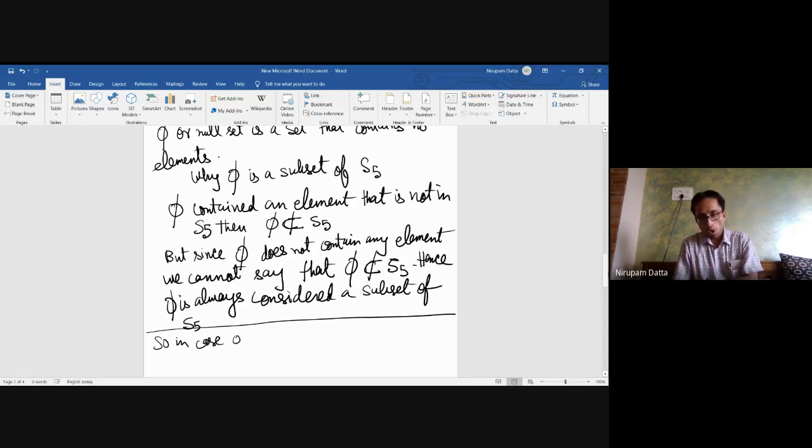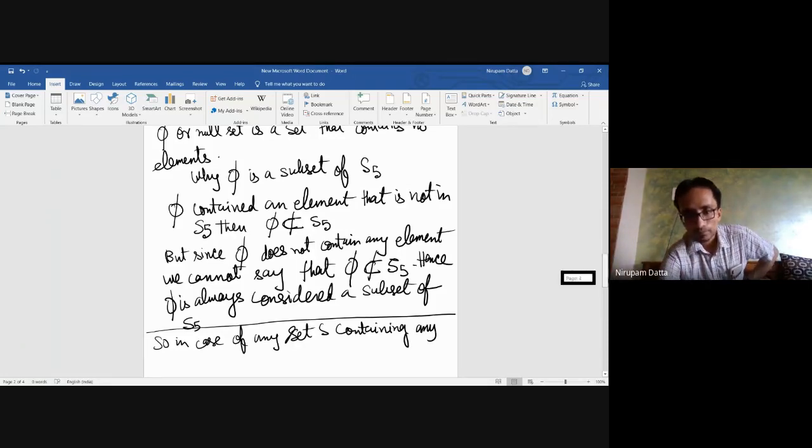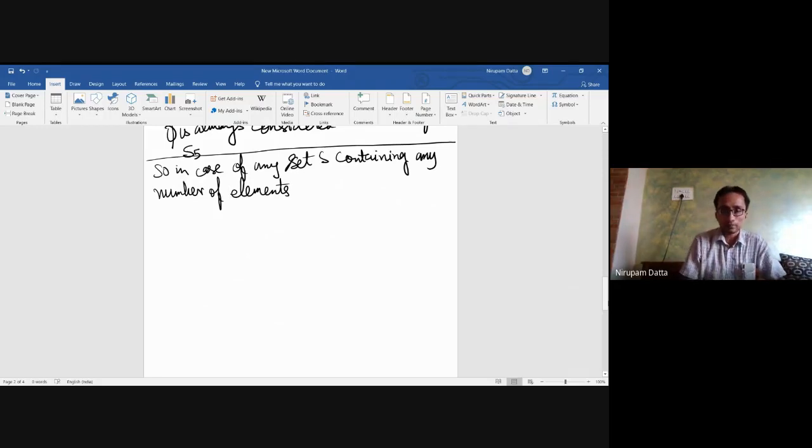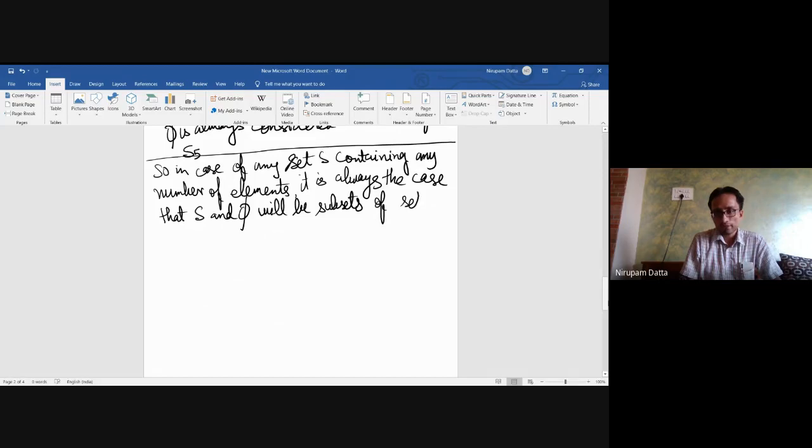So in case of any set S containing any number of elements, it is always the case that S and phi, that is the null set, will be subsets of set S. Okay.